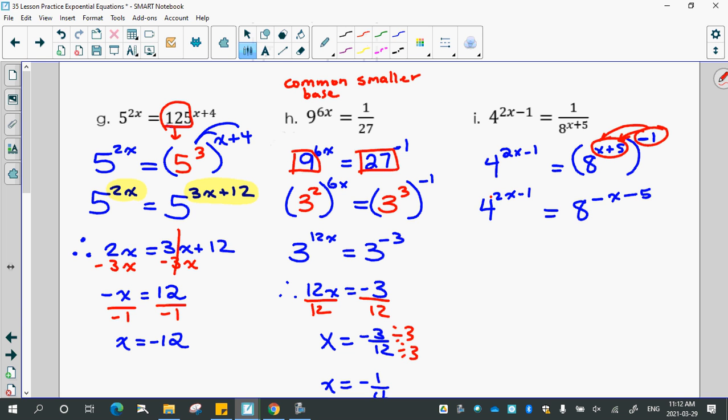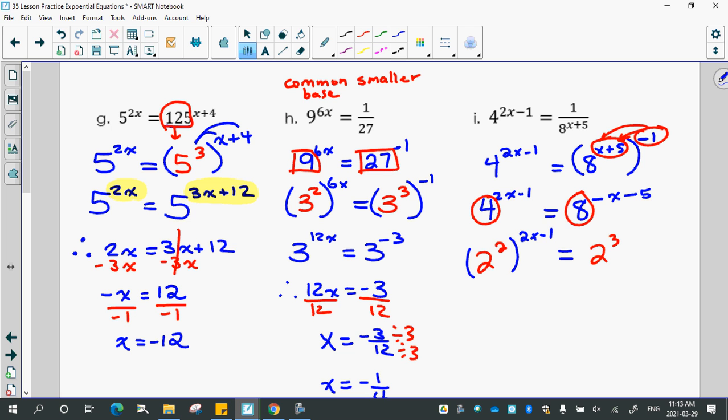Okay, who was able to rewrite 4 as 2 to the something? Jack? It's 2 to the power of 2, brackets, 2x minus 1. Yep, and 8? And then 8 is 2 to the power of 3.